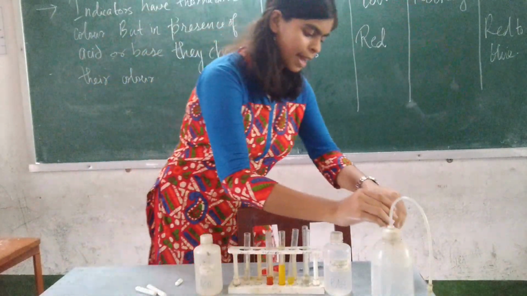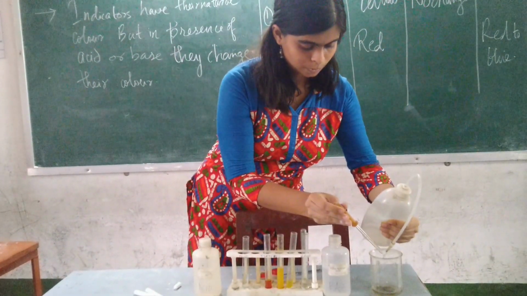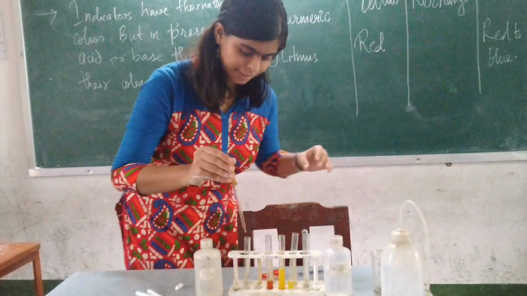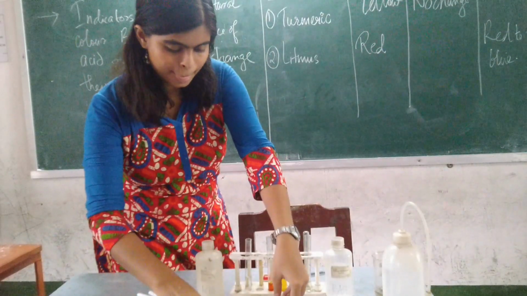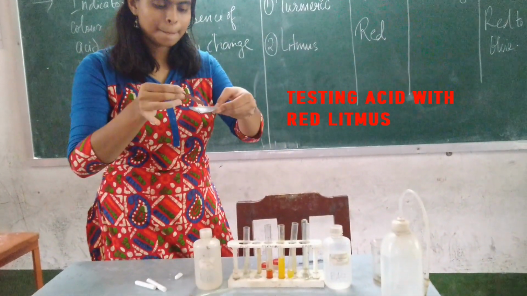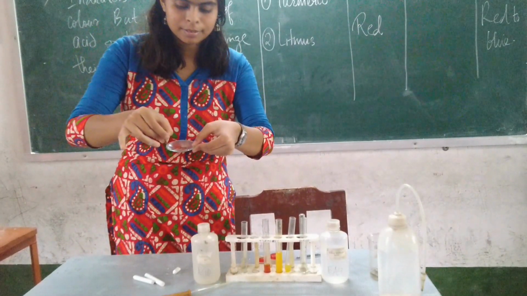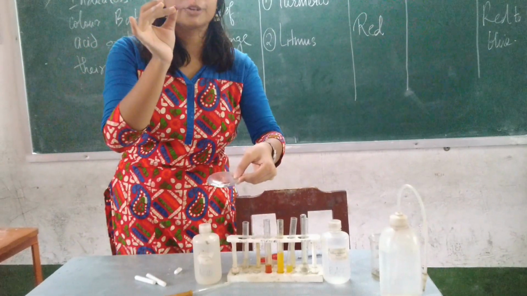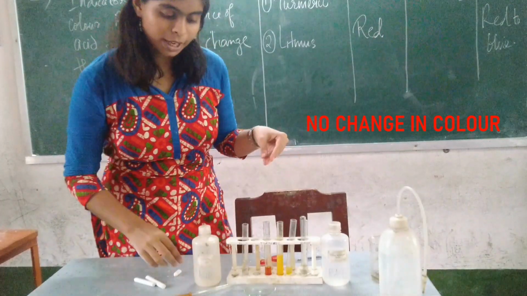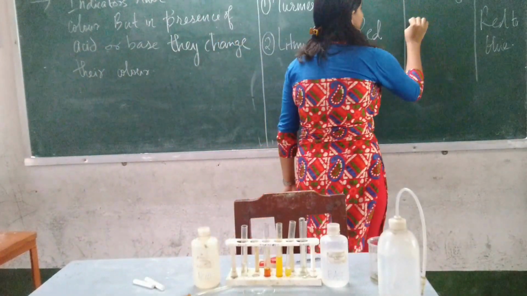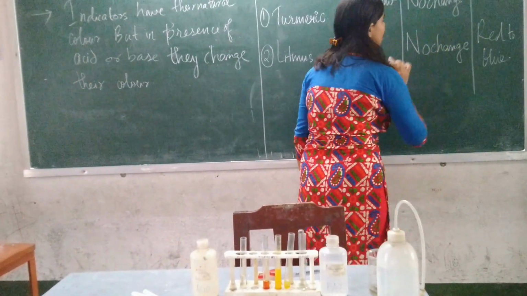Now let's add some acid. Can you see any change? No. So in presence of acid, there is no change in red litmus paper.